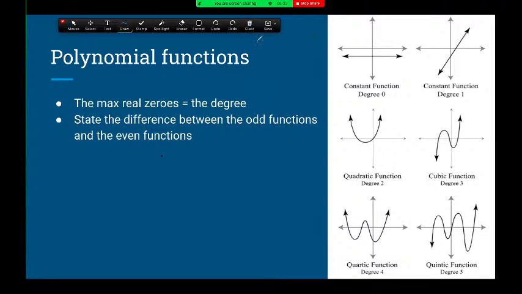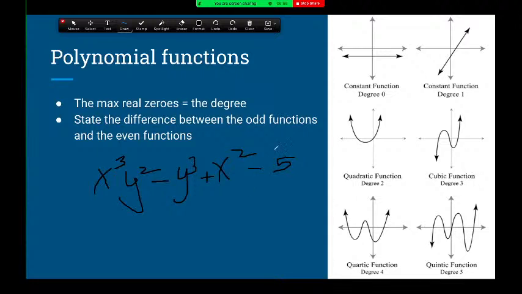So let's do an exercise here. I'm just going to write a random polynomial. It's going to be x squared minus y cubed plus x to the power of 2 minus 5.